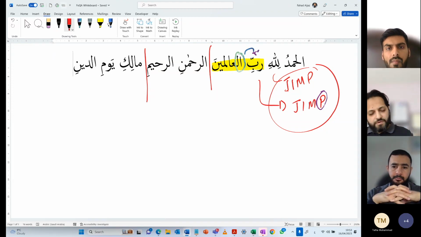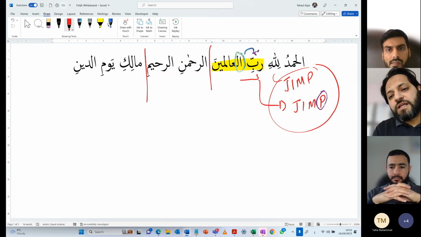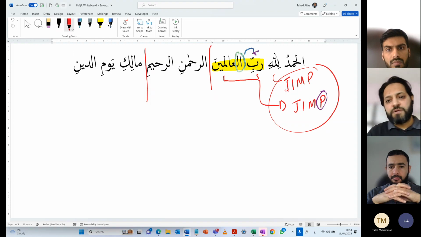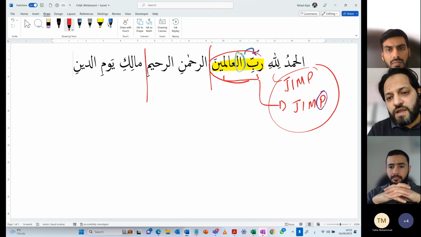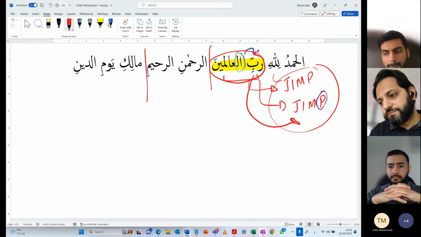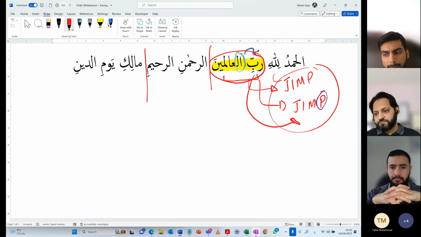In fact, the Rabb is the sifah of Allah, because Rabbi is connected with Alameen. You can't disconnect them. You can't make them apart. You just pick the entire Idafah and you say that this entire Idafah is a sifah of the word Allah. And the four properties of this entire Idafah are dictated by the four properties of Rabb. Mudaf's four properties are the properties of the Idafah. Okay?